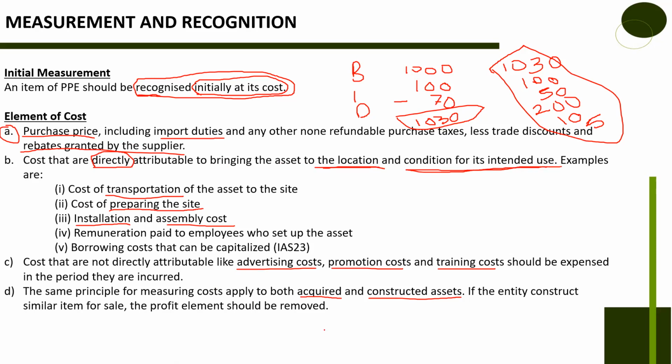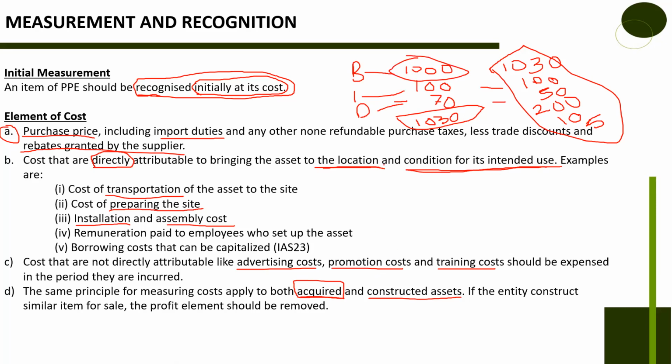We now said that this same principle of measuring cost applies to acquired assets, meaning assets that you are buying. The example I used, I said we are bringing it from China: purchase price, import duty, the discounts that we got, then the cost of transportation. This was an acquired asset. We bought the asset from China.